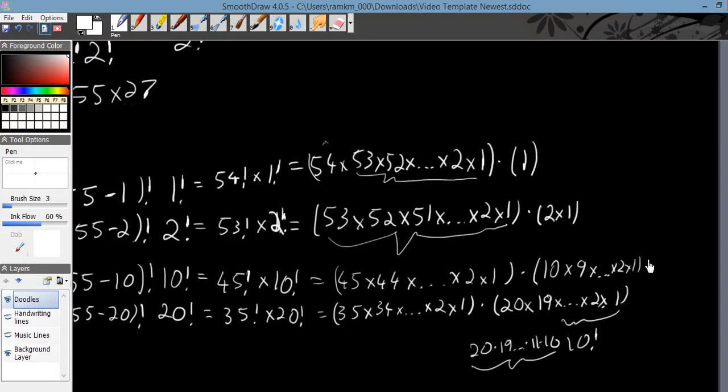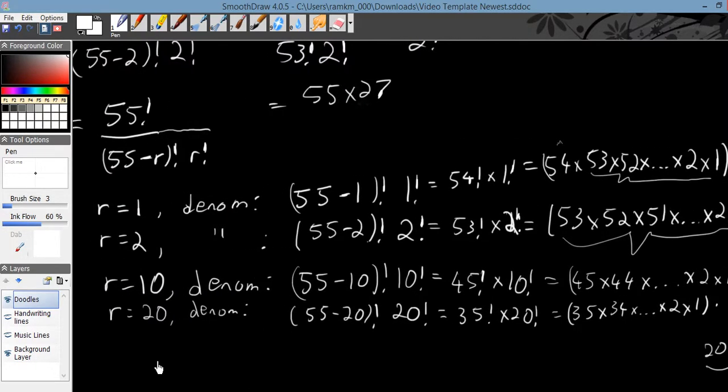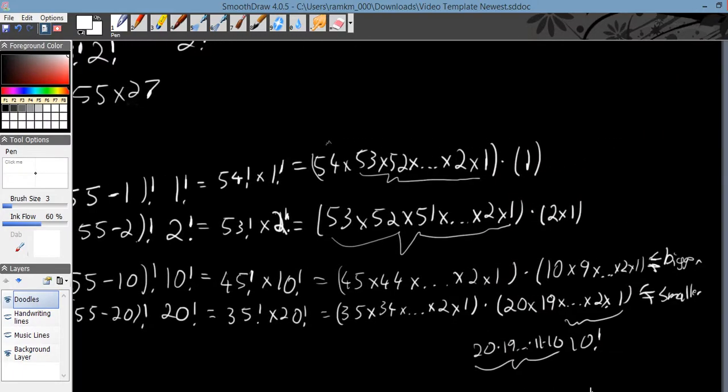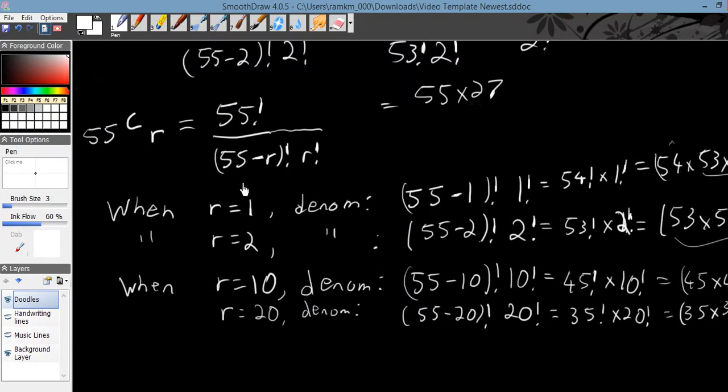So again, this is going to be bigger, and this is going to be smaller. So again, it looks like if we increase the value of r, we are still decreasing the size of the denominator, and thus we're going to be increasing the size of this 55 choose r.